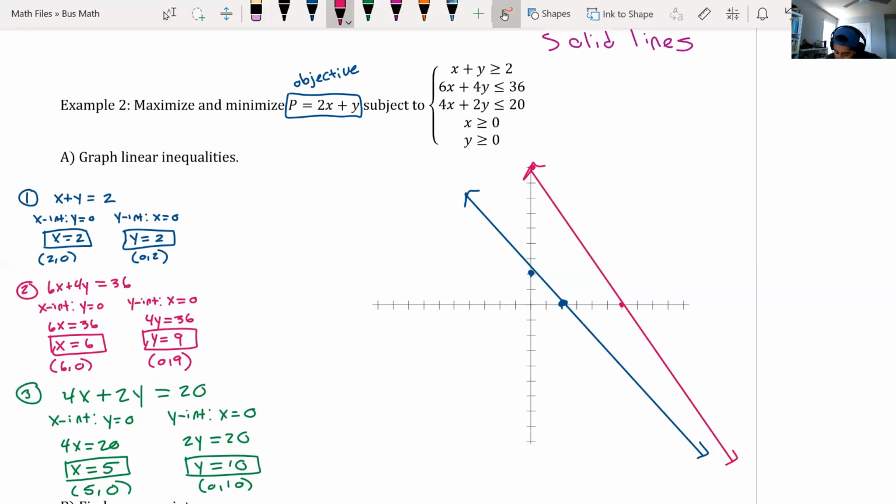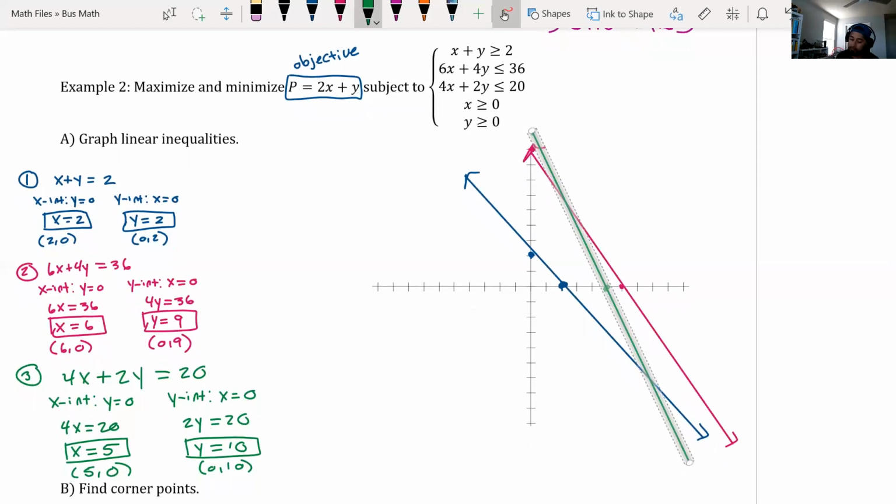And then the last line to draw is at (5, 0) and (0, 10), which I don't have a point for, but we'll put it right above 9 up here. And something like that. There we go. Okay, still not perfect, but it works.